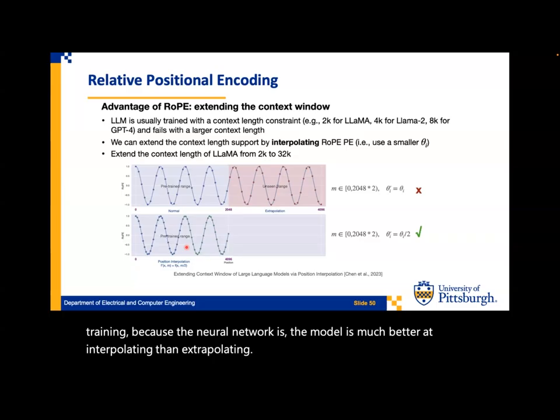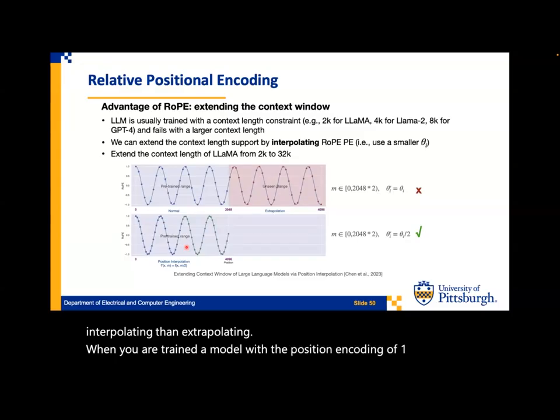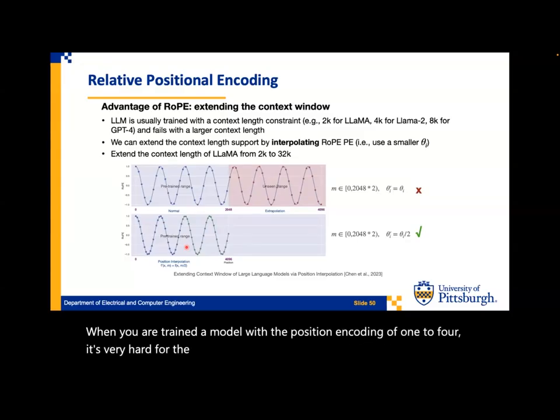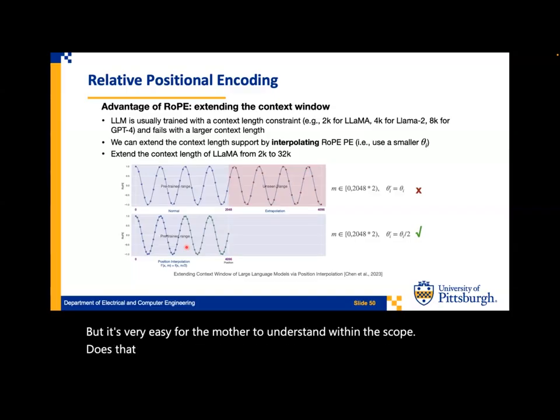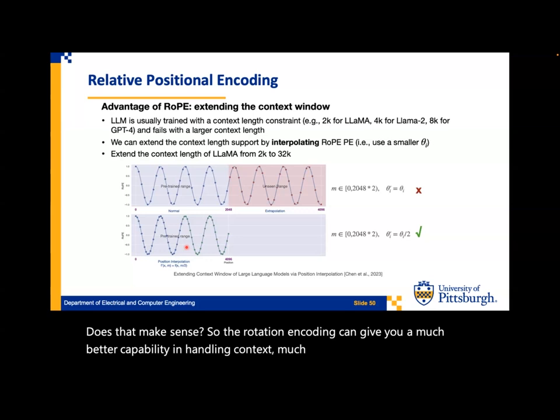When you train the model with position encodings of 1 to 4, it's very hard for the model to predict what's beyond the scope, but it's very easy for the model to understand within the scope. Does that make sense? So rotational encoding gives you a much better capability in handling context much bigger than the original was trained on.